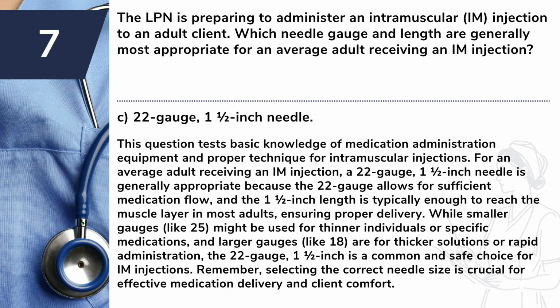While smaller gauges, like 25, might be used for thinner individuals or specific medications, and larger gauges, like 18, are for thicker solutions or rapid administration, the 22 gauge, 1.5-inch is a common and safe choice for IM injections. Remember, selecting the correct needle size is crucial for effective medication delivery and client comfort.